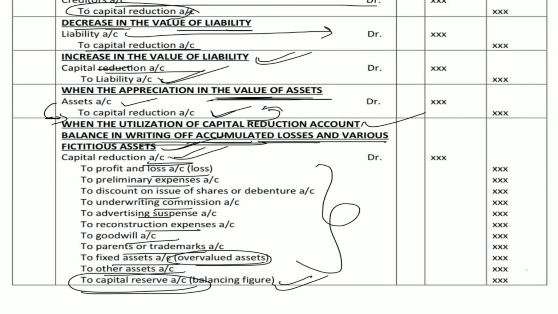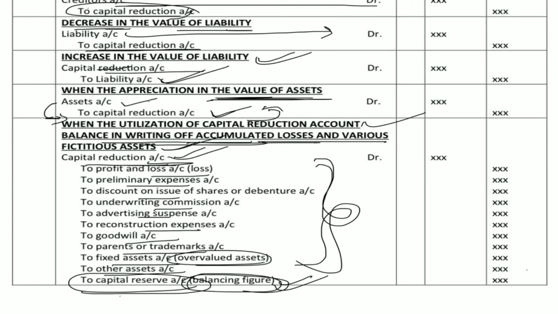If there is any balance left, then we will transfer the balance to capital reserve account, that is capital reduction account minus all these values will be transferred to capital reserve account as balancing figure.